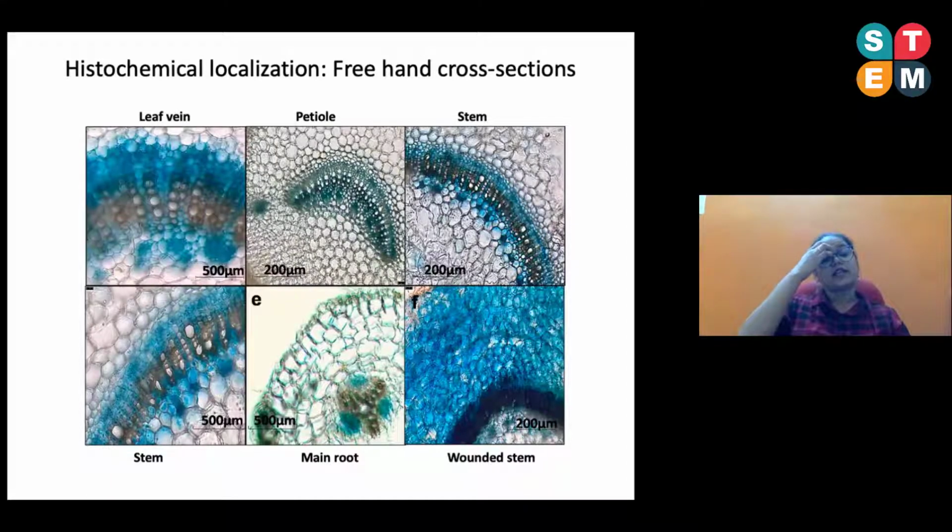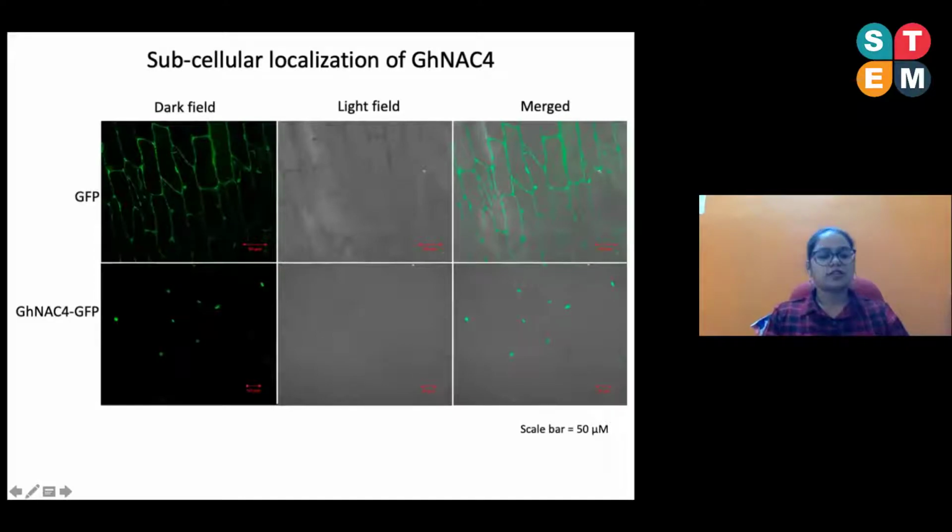After understanding the tissue localization, we wanted to see the subcellular localization of this particular GH-NAC4 transcription factor. And for this, we used an interesting technique called agroinfiltration.